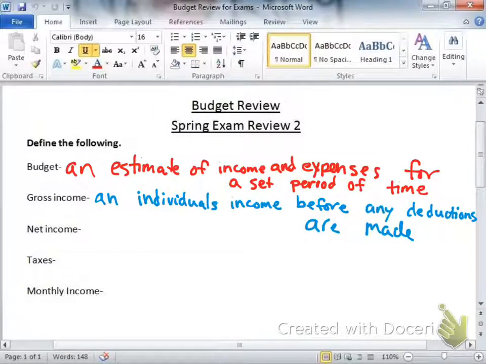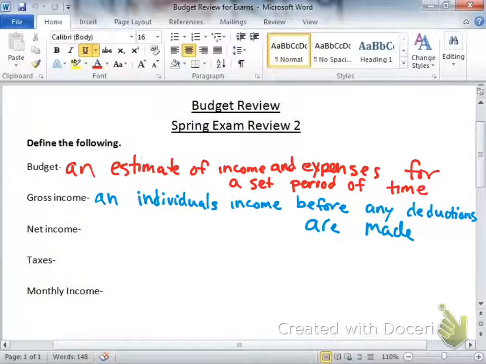So the gross income is like the big number. That's the number that we started with, and we typed it into that website, and then it took out all the deductions for us. So the gross income is your big number before they start taking out any taxes or any other expenses.